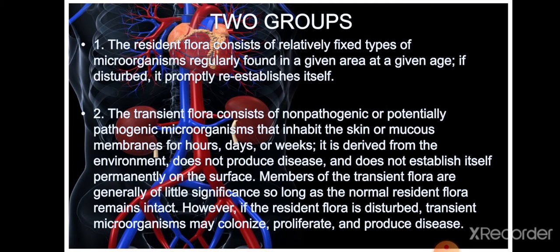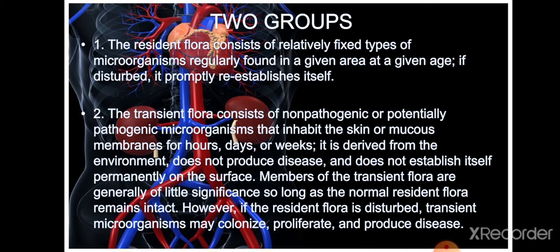The first group is the resident flora, which consists of relatively fixed types of microorganisms regularly found in a given area at a given age. If disturbed, it promptly reestablishes itself.